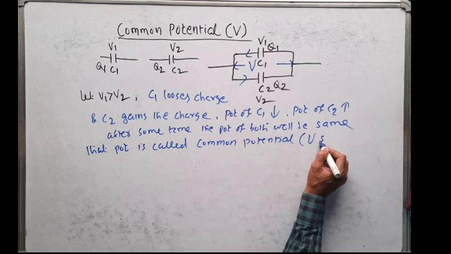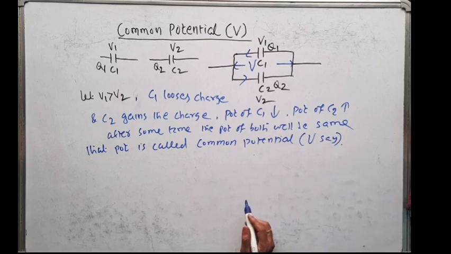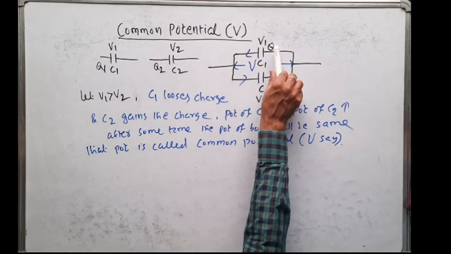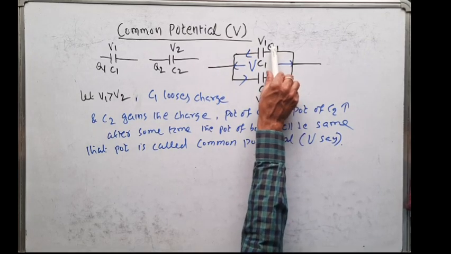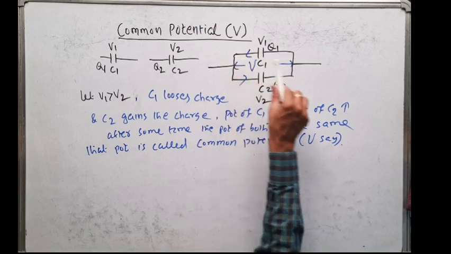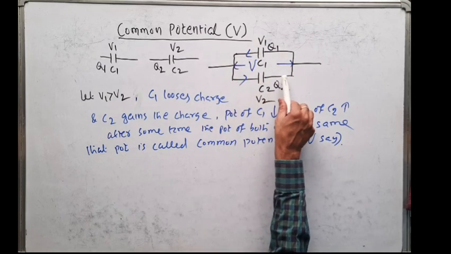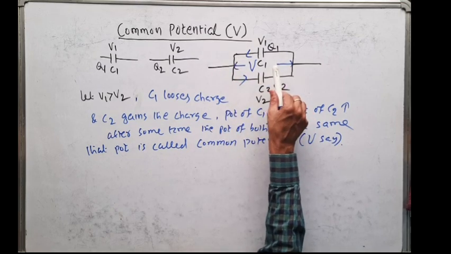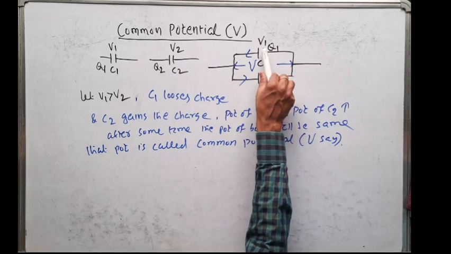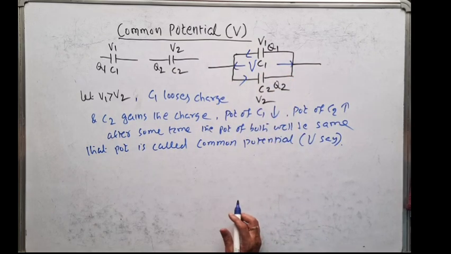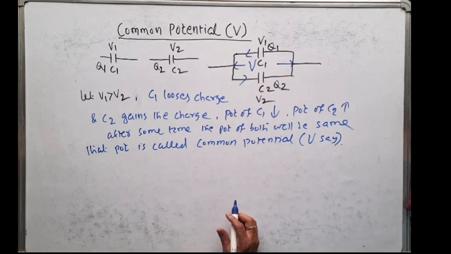Let us say it is V. Now what will happen? So initially the charge was Q1. Now this Q1 charge will decrease and this Q2 charge will increase. So finally the charge across the two capacitors will be modified.